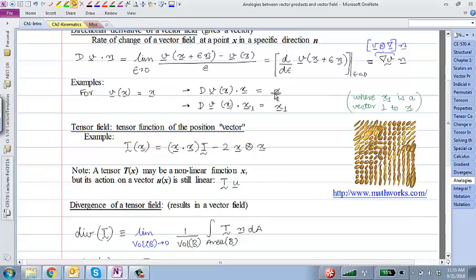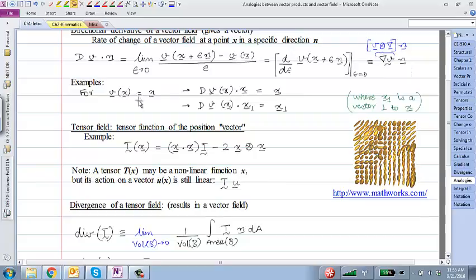Now, is there a way to verify this without using this directional derivative formula? Yes, so indeed we said that the directional derivative of v can also be calculated by taking the gradient of v acting on n.